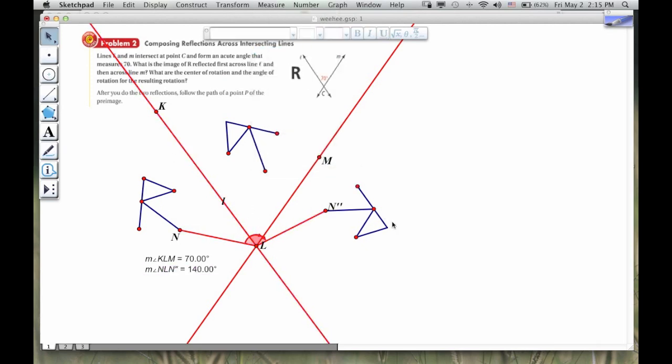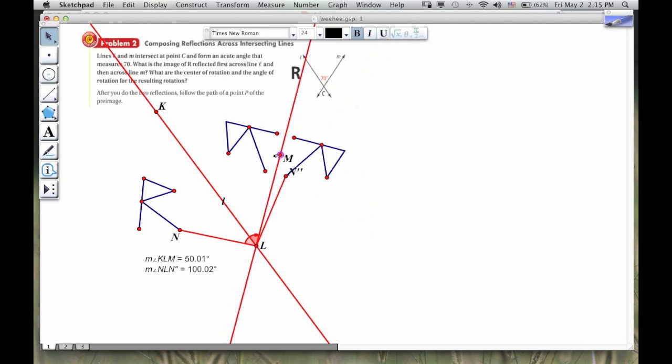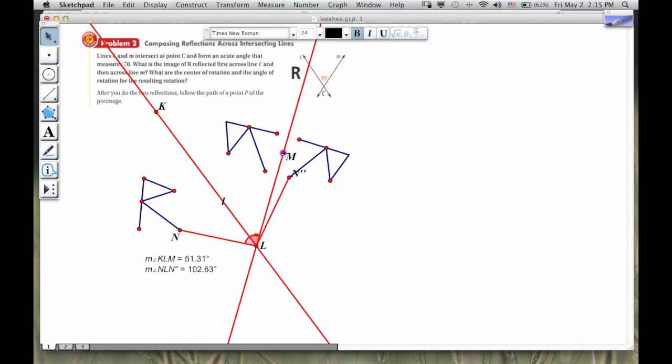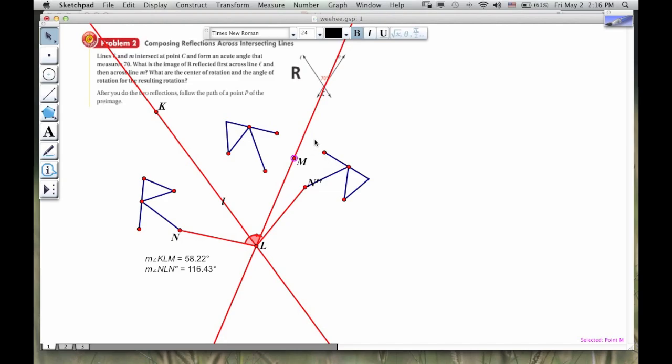So the angle of rotation for the resulting rotation is 140 degrees, and you can see that the center of rotation is point C because no matter how you move it, it just stays there and the angles just change.